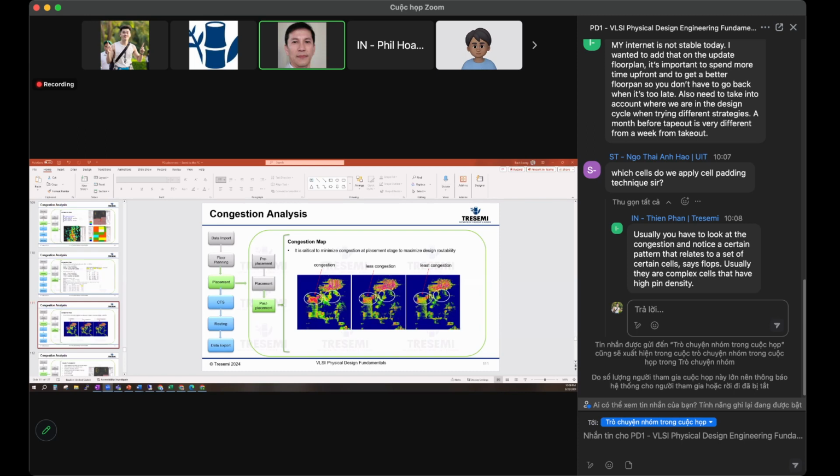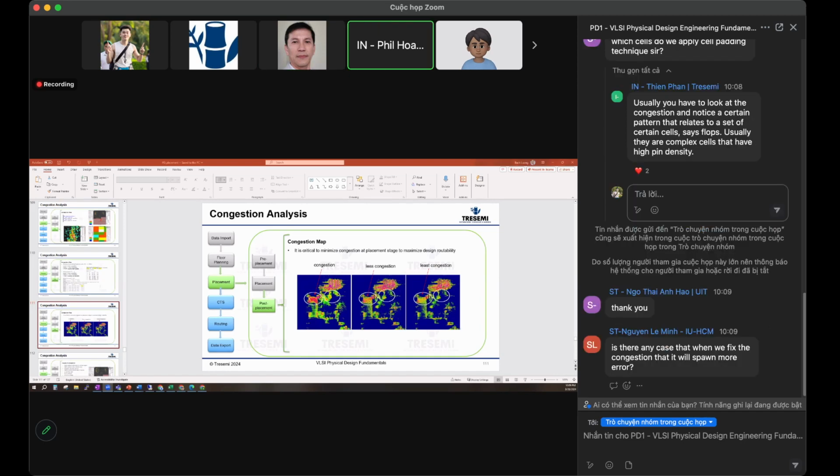So it depends on the congestion. That's why you have to understand the congestion before you apply the techniques. It's not a particular cell type, but it usually tends to be the cells with high pin counts. Hopefully that answered the question. Complex cells are exclusive OR, exclusive NOR, those types of cells that are really small but have many pins. Yes, so usually it's the high pin counts.